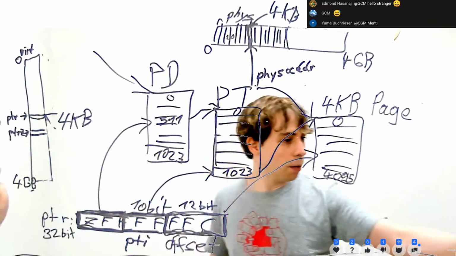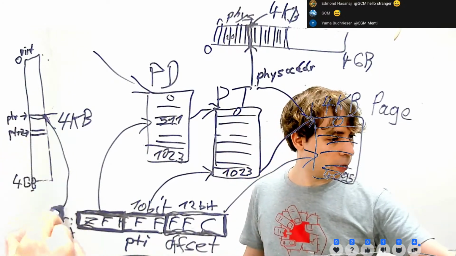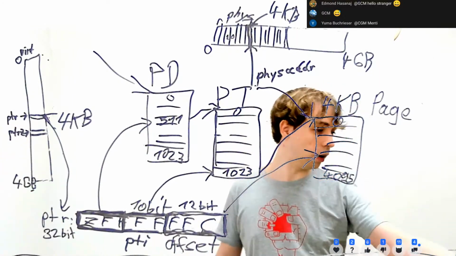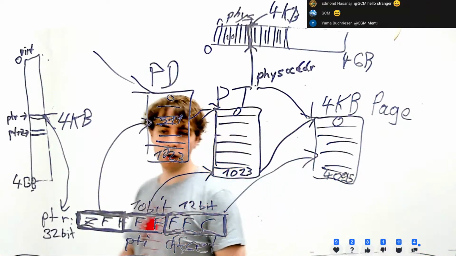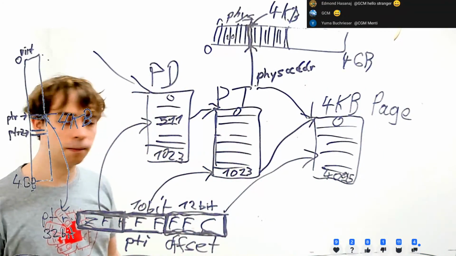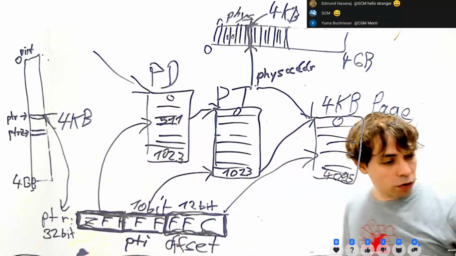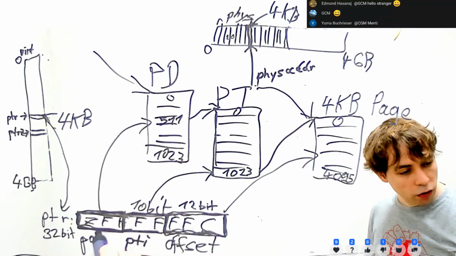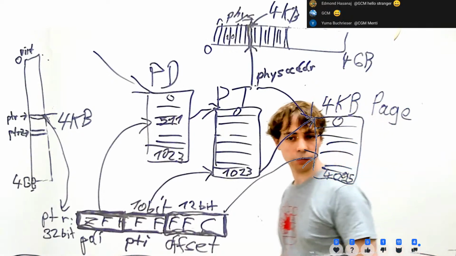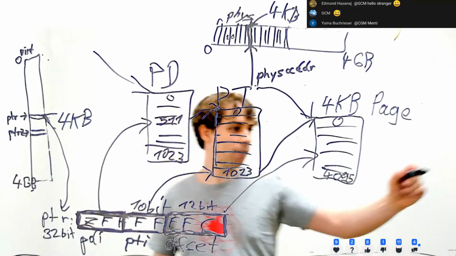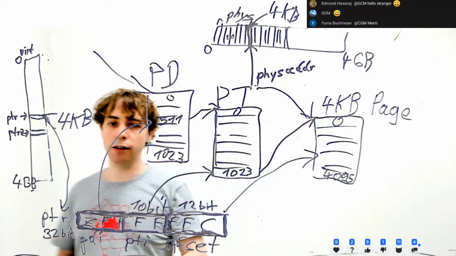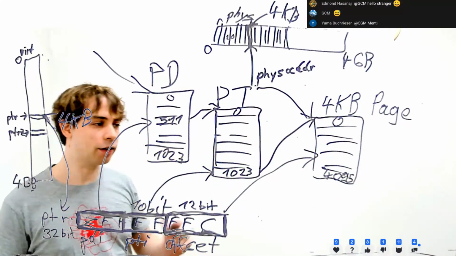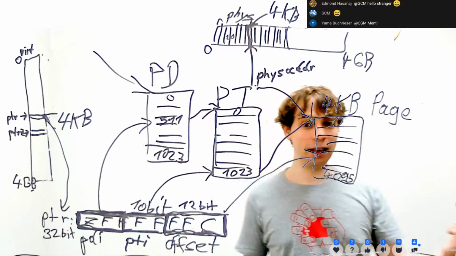So we have this pointer here. This is approximately the location of this pointer. Page directory, this is the page directory index. Where do we get the page directory base address from? Where do we get the physical address from where this starts? From a CPU register.